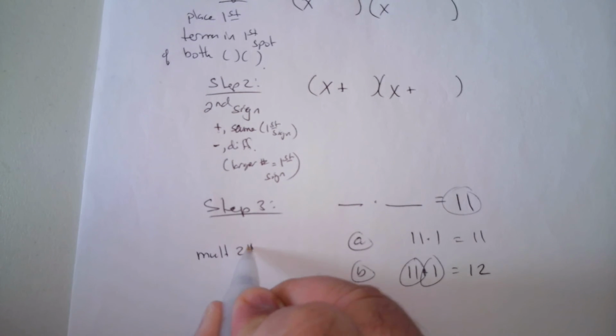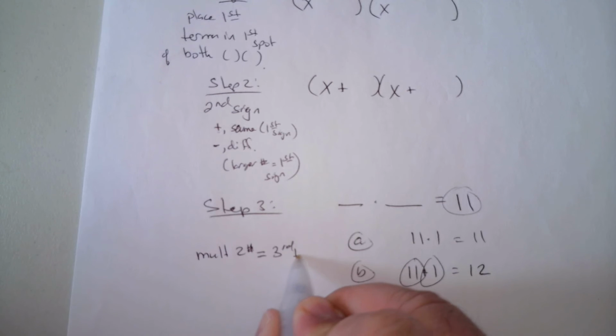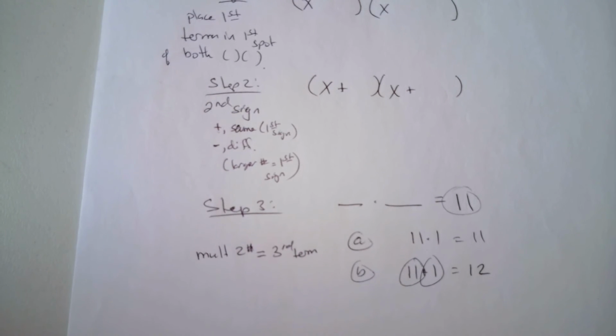Multiply two numbers to equal the third term. Add or subtract, whatever the second sign is, the two numbers to equal the middle number.